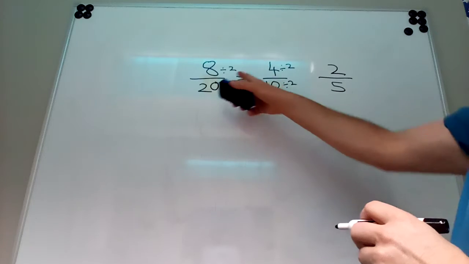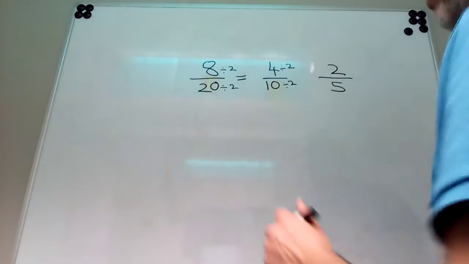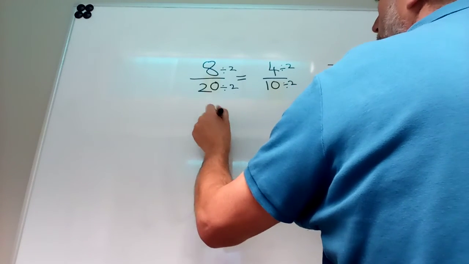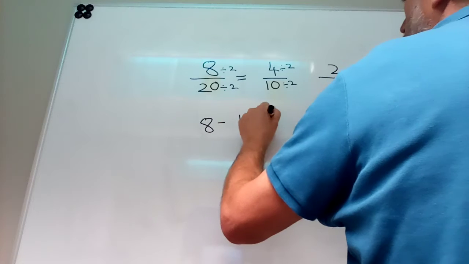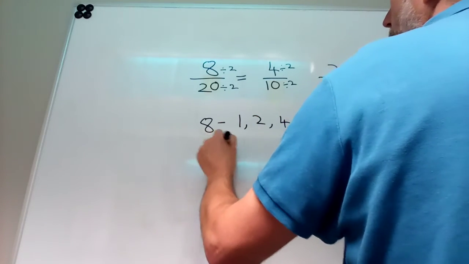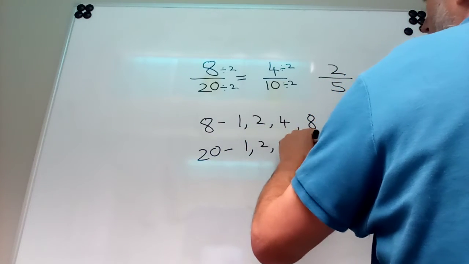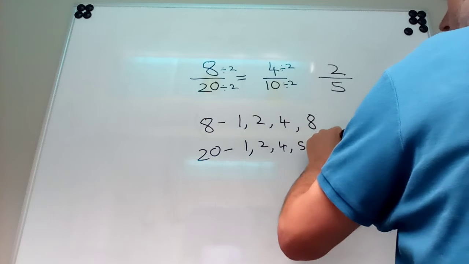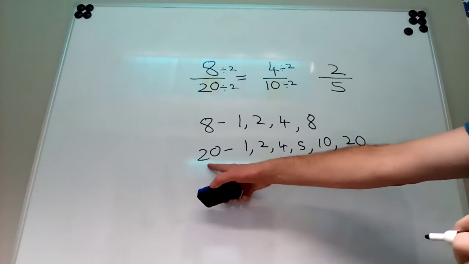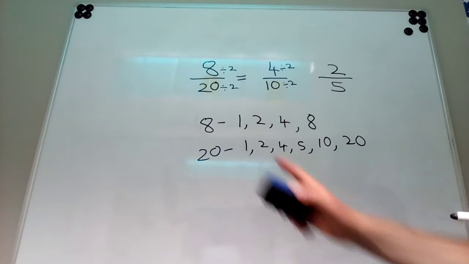Now, if we would have done our prime factorization, we could have skipped this middle step. We would have seen that the factors of 8 are 1, 2, 4, and 8. And the factors of 20 are 1, 2, 4, 5, 10, and 20. 1 times 20 is 20, 2 times 10 is 20, and 4 times 5 is 20.